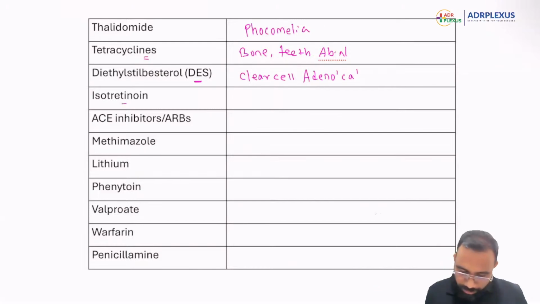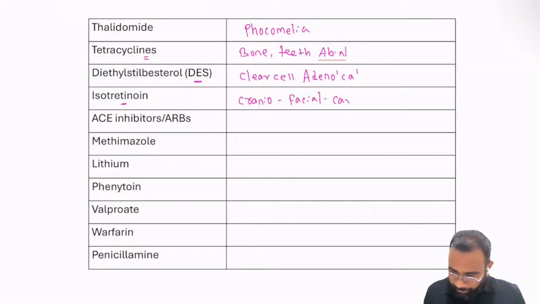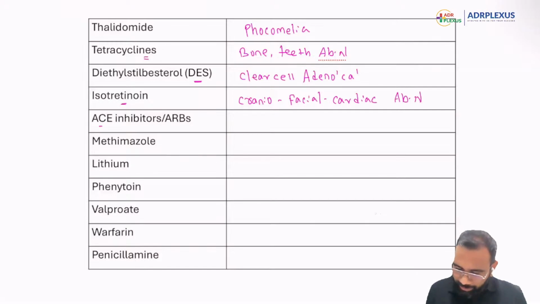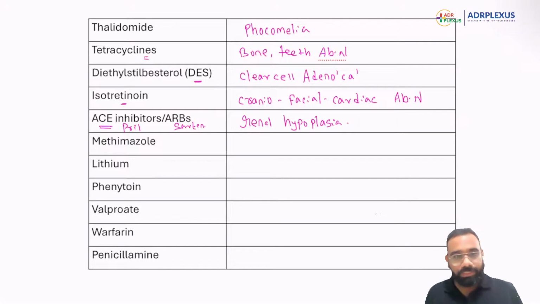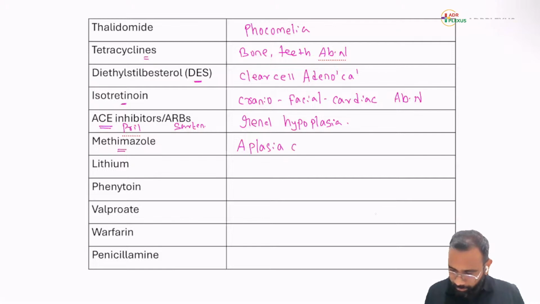And the next one, isotretinoin, it is going to cause craniofacial and cardiac abnormalities. Next, ACE inhibitors, that is PRILs, and ARBs, that is sartans, they are going to cause renal hypoplasia. Next, methimazole, it is going to cause aplasia cutis. And of course, tracheoesophageal fistula.